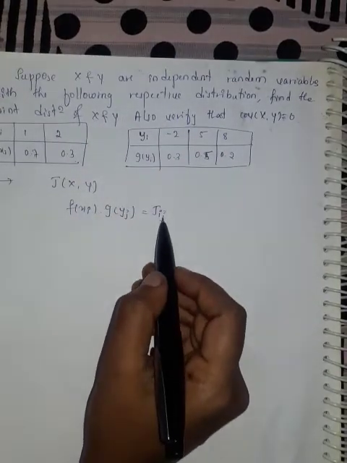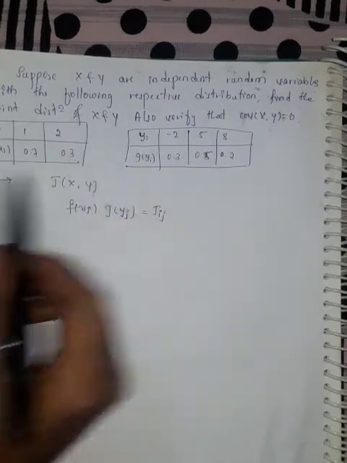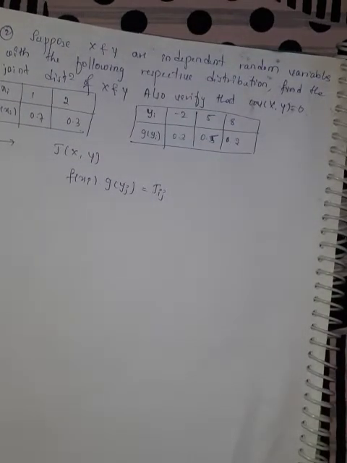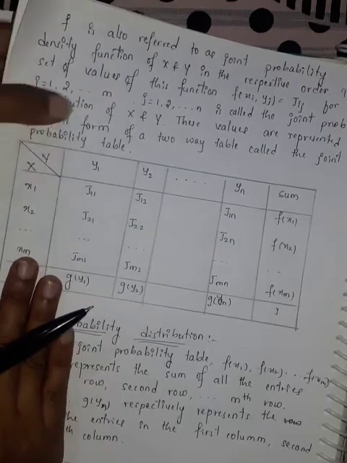So in general we have a joint probability table like this. This is our general table. Like this we have to form our joint distribution table.